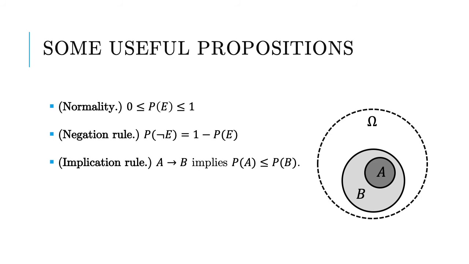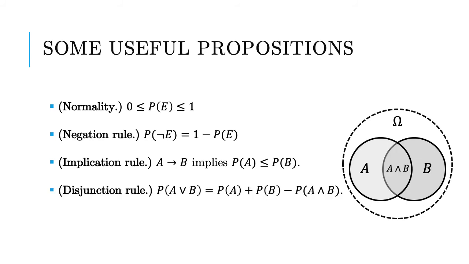And that means that A is contained in B. Anytime we find ourselves in A, we also find ourselves in B. And therefore, the area of A can be at most as large as the area of B. Thus, the probability of A is at most as large as the probability of B.